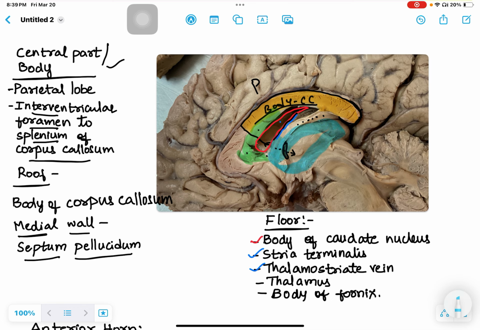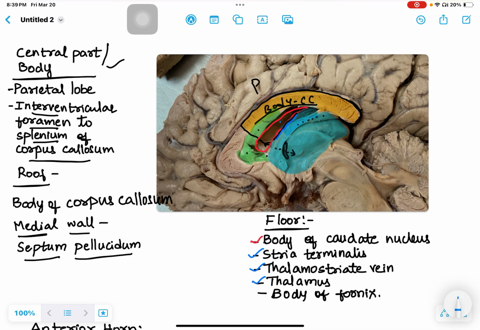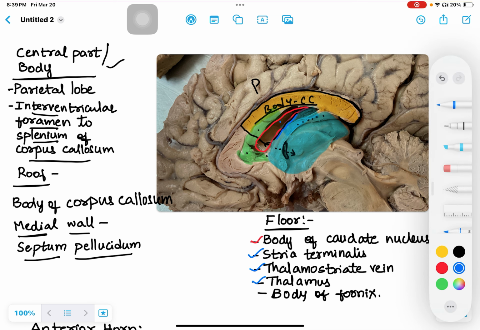So the upper surface of the thalamus, even inside also some part of the thalamus is there here, forms the next structure in the floor, and then you can see the fornix.